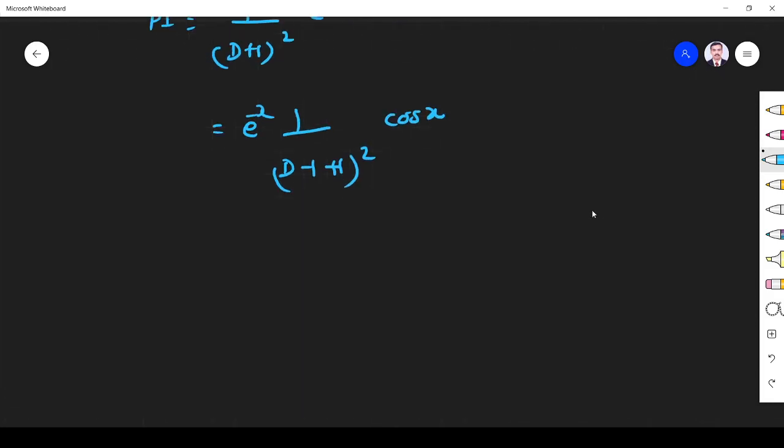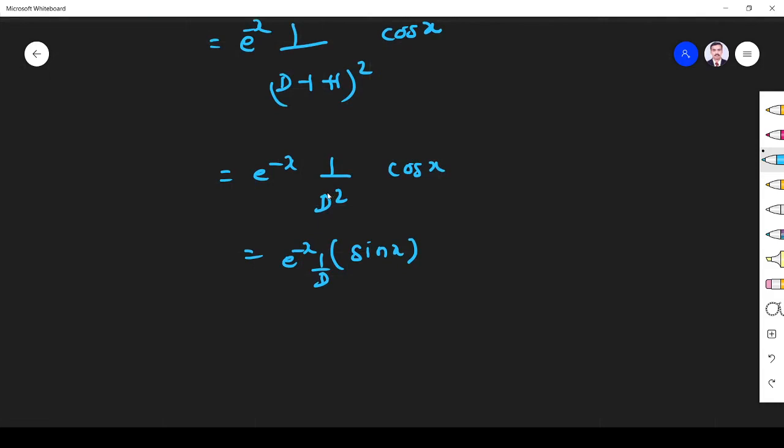So e^(minus x) divided by D squared, cos x. 1 by D squared is two times integration. First time when you integrate, cos x becomes sin x. Second time, integrating sin x, it will become minus cos x. This is my PI.